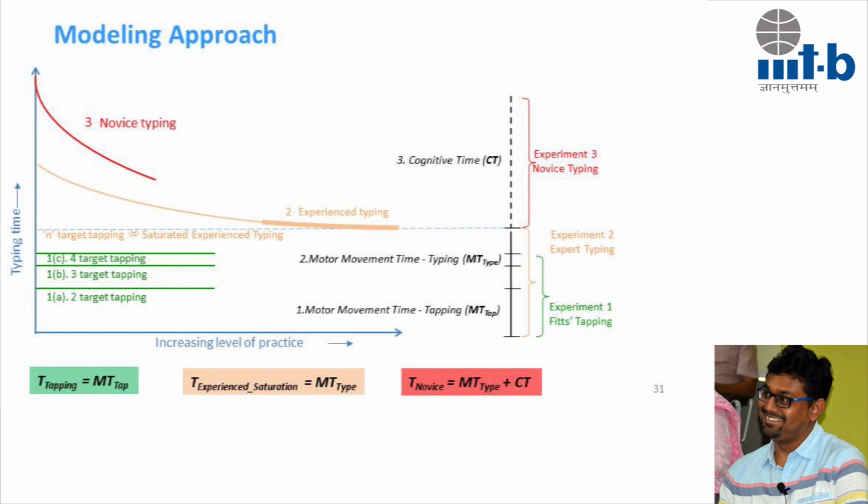You would start performing at a level where you are tapping between n keys, and that is what we found. In the third experiment which we did, we also found that there are a lot of novice users who started slow, and with a lot of repetitions, we were able to understand their curve. Basically, this is following the power law of practice curve.